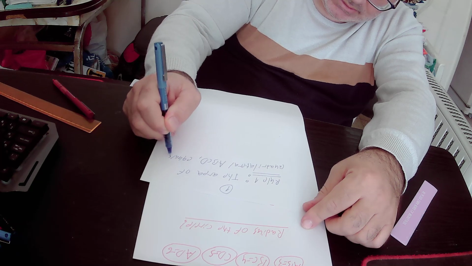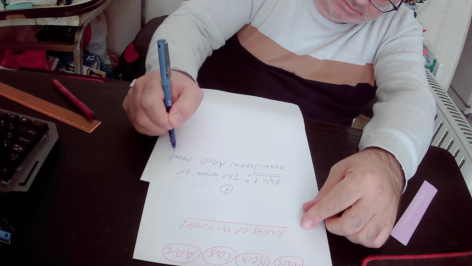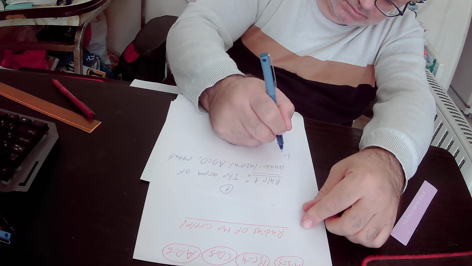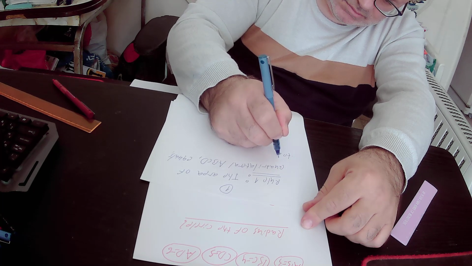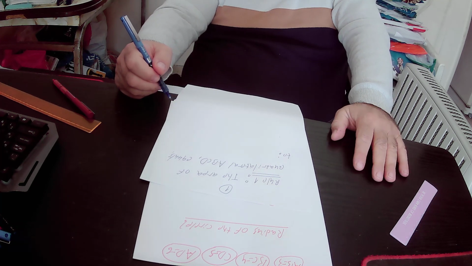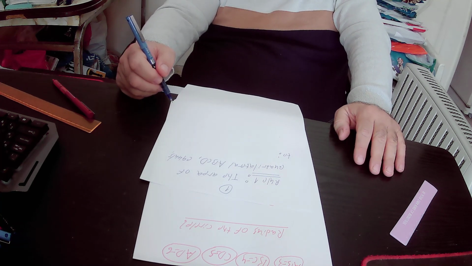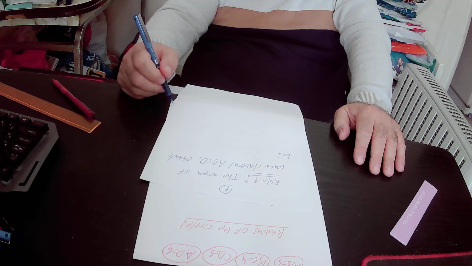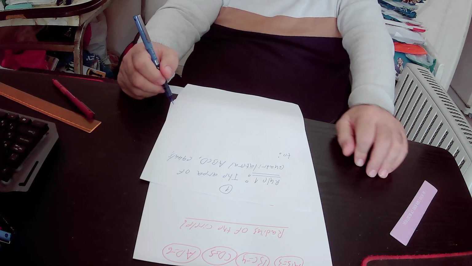equals the area of quadrilateral ABCD that is described by a circle.